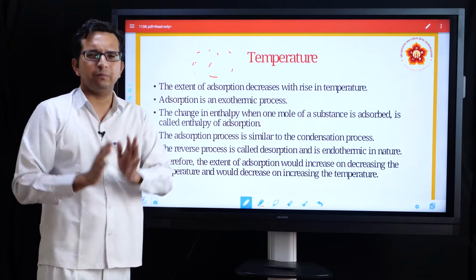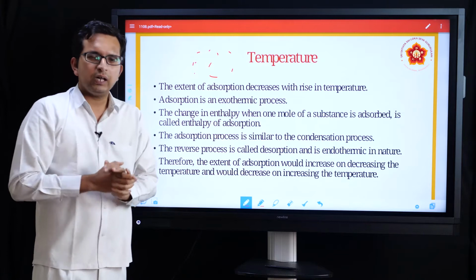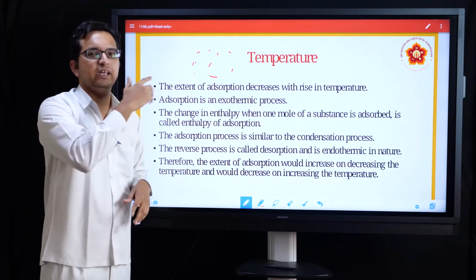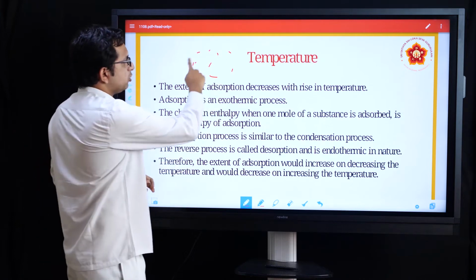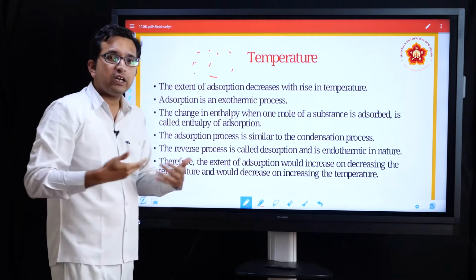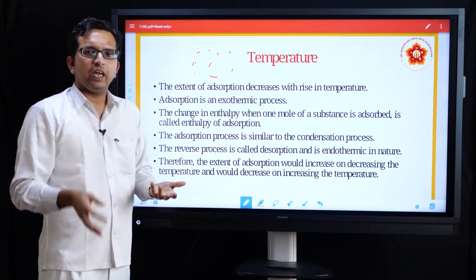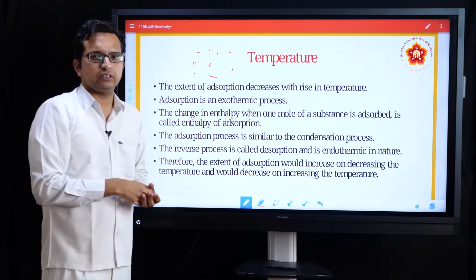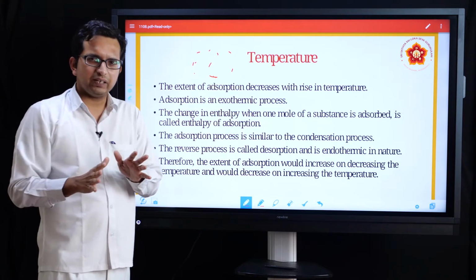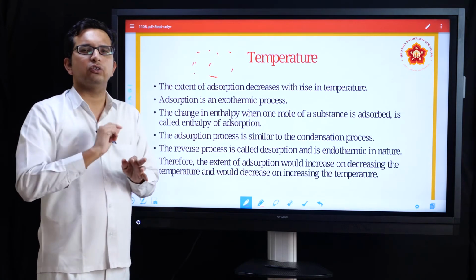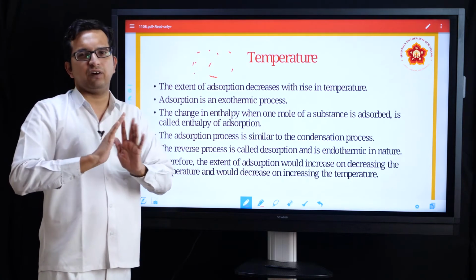It means increasing temperature, or the other way around, supplying heat. The moment you supply heat, these molecules which are moving all around will get more energy, so very naturally the movement of these molecules also will be very, very fast.